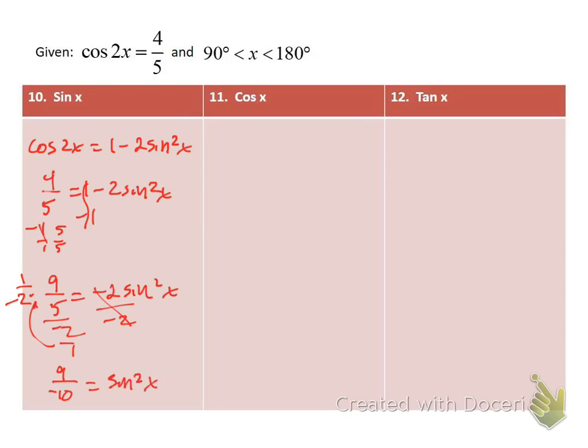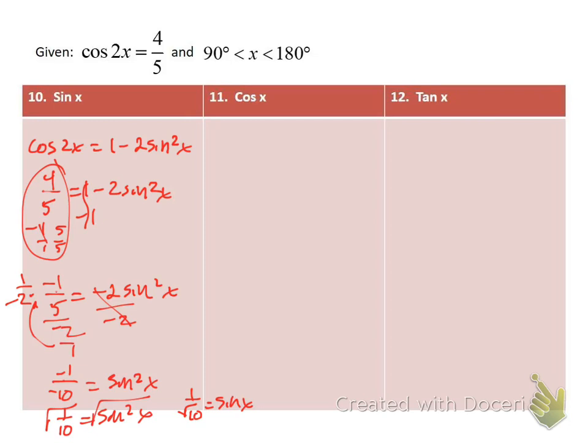Oops, I messed up. 4 over 5 minus 5 over 5 does not give you 9 over 5. It gives you negative 1 over 5. So that would be negative 1 over negative 10, which is going to be 1 over 10. And now we can square root both sides here and find out that the sine of the original angle was 1 over radical 10. And I'm going to leave that unrationalized just for right now.